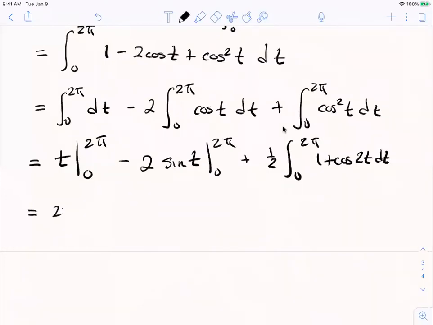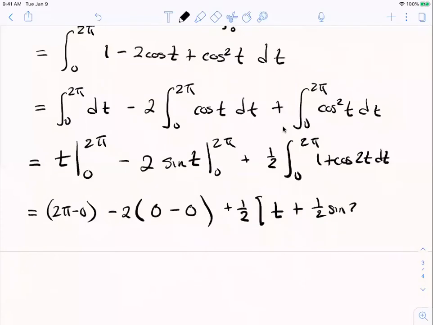Here we get 2 pi take away 0, evaluating that. Minus 2 times the sine of 2 pi is 0, and so is the sine of 0, so that term is just gone. And then here, a little bit of anti-differentiation to do. We have to anti-differentiate the 1, and the cosine of 2t. It's 1/2 sine of 2t. Okay, so one more evaluation.